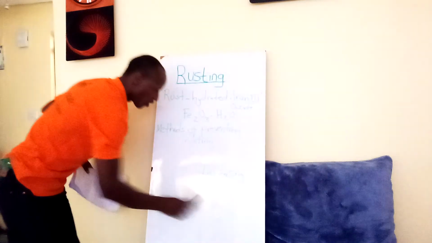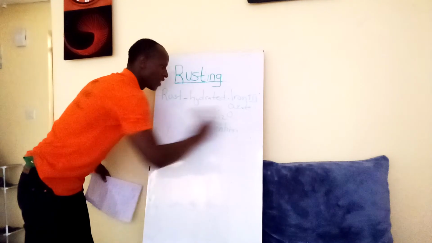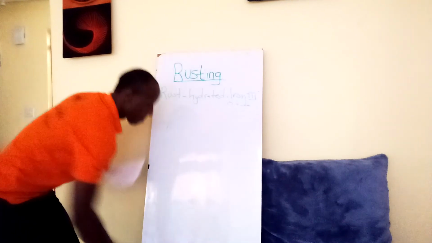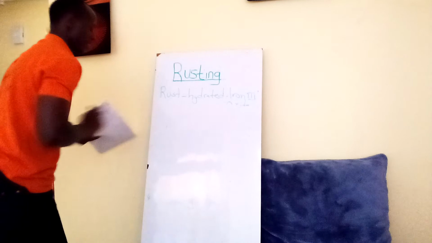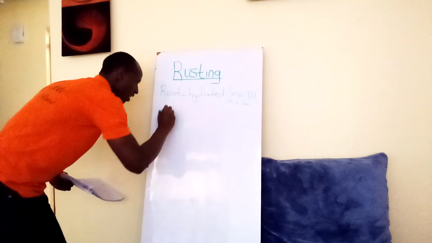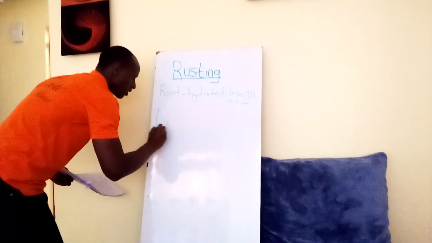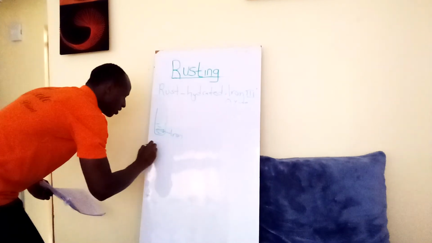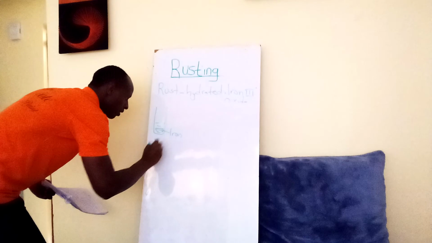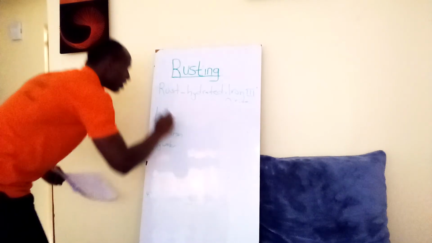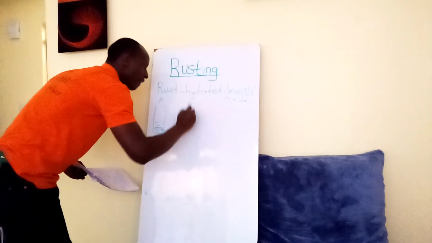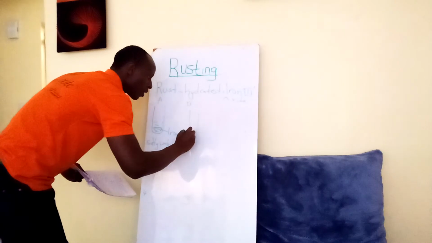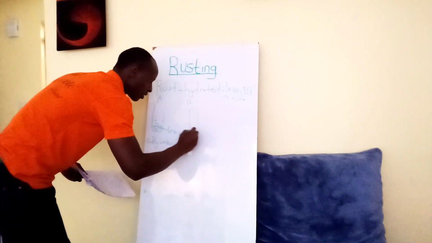The last question is also on analysis, you can be given diagrams. You're given diagram A, which has an iron nail here, and this is salty water. Then B, which has just an iron nail.